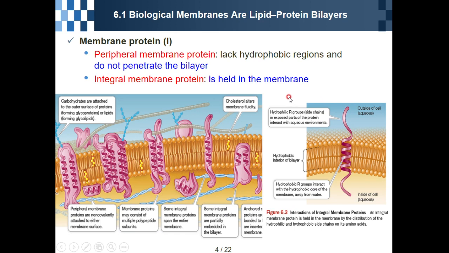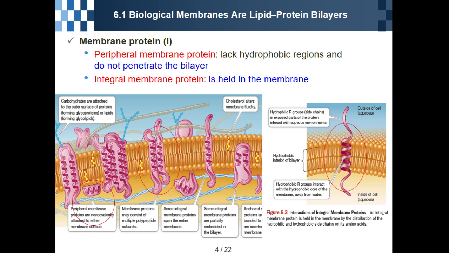And then we will cover membrane proteins. Membrane proteins are composed of 3 kinds. First one is the peripheral membrane protein.